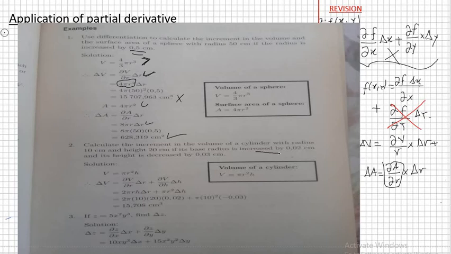For increase, the change is positive, and negative for the decreased value. So for the word decrease, the value should be negative, and for increase, the value should be positive.